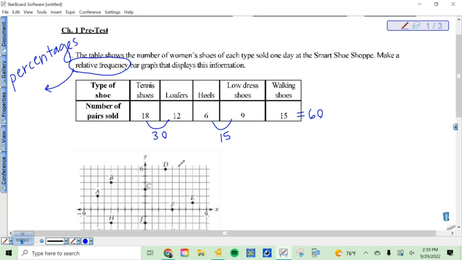Fractions first. Yeah. So tennis shoes. What's my fraction for tennis shoes? Good. Let's just write out all our fractions first. What about loafers? 12 over 60. What about heels?